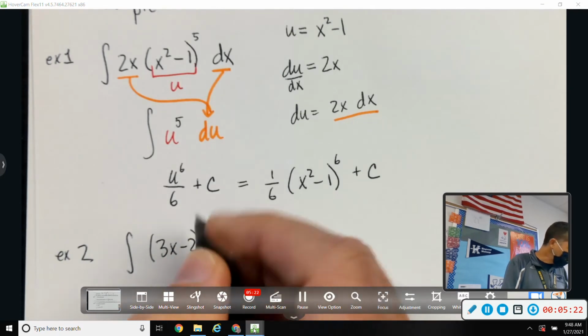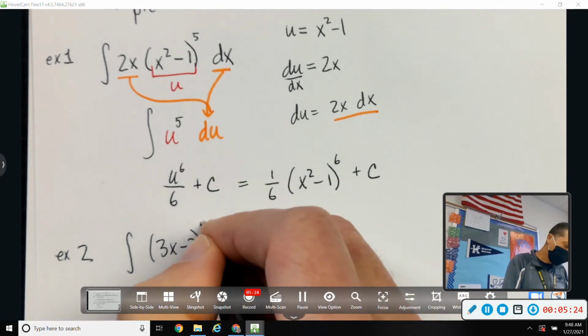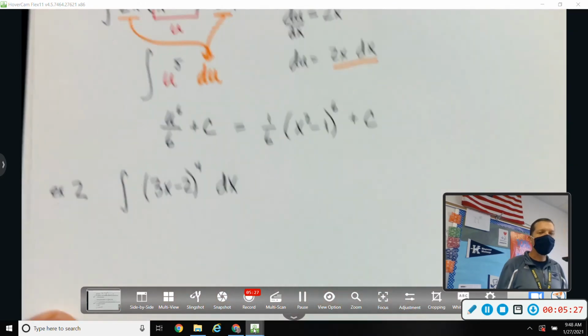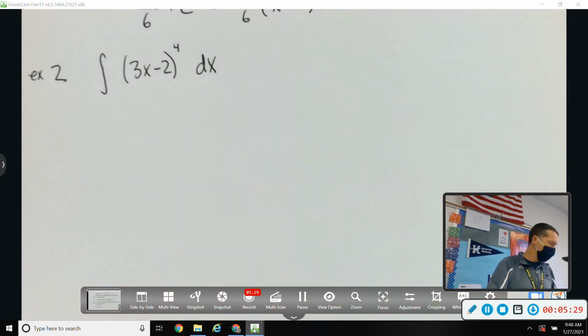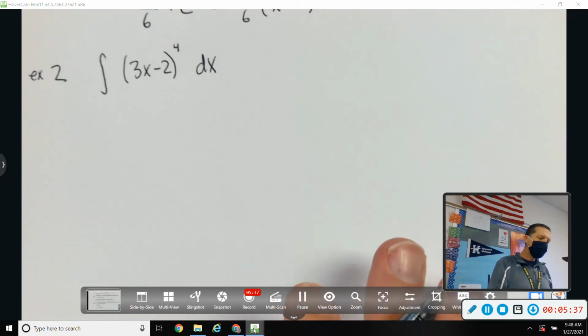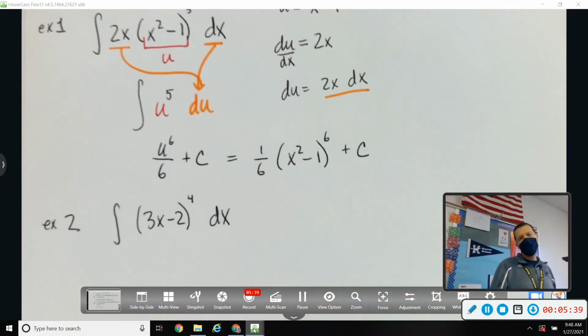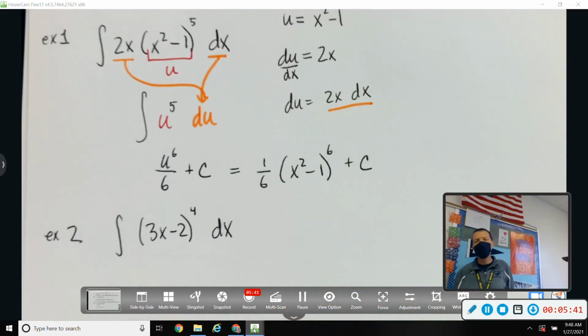The integral of 3x minus 2 to the fourth dx. Well, this is only example 2, so I don't really expect you to know what we should pick for u, but any guesses? 3x minus 2.